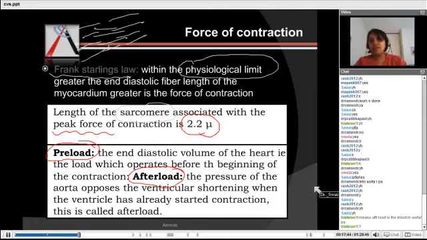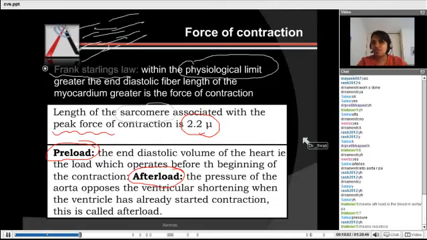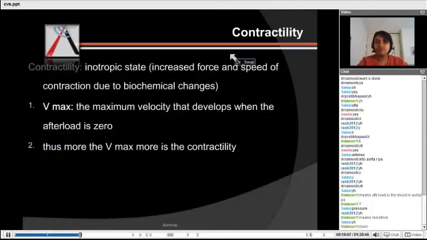Afterload is not the blood. Afterload is the load created by the blood. It's a resistance offered, a load on the heart that it has to bear while throwing out the blood. Clear? So afterload itself is not the blood, it is the force.